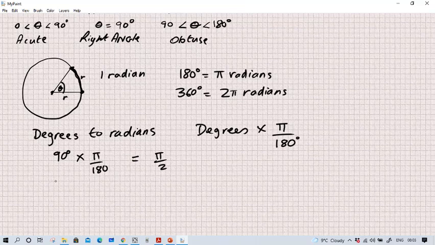We could also do, say, 45 degrees. 45 degrees times pi over 180 will give us pi over 4 radians. And these are now measured in radians.